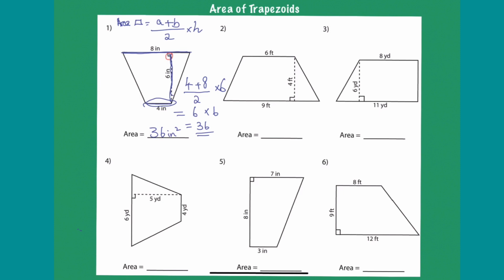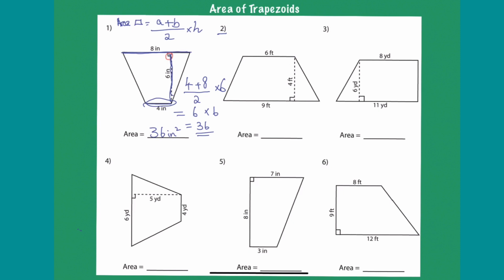All right? So let's try and do number 2. Again, don't forget to find the top base of the trapezoid, A, and the base is 9. So A plus B, divide that by 2 and then times it by your height right here.